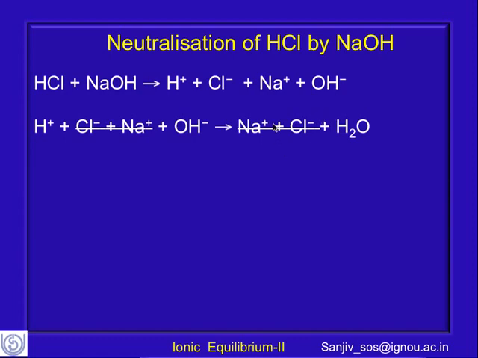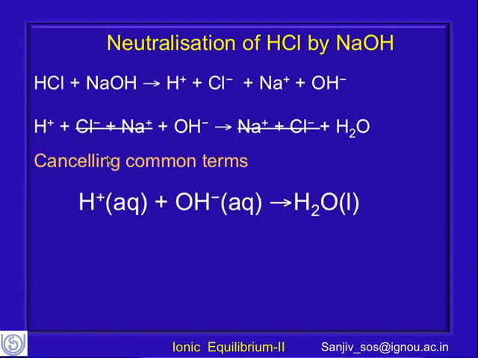If I cancel Na plus and Cl minus on both sides, I get a simple reaction: H plus aqueous plus OH minus aqueous giving me a water molecule. That means the neutralization of a strong acid and strong base is primarily a reaction between a proton and hydroxide ions to give a water molecule.